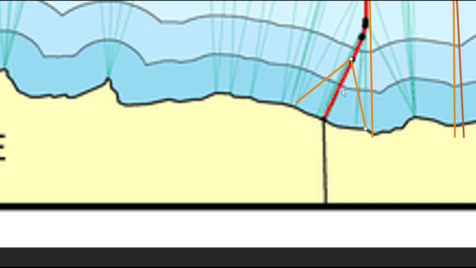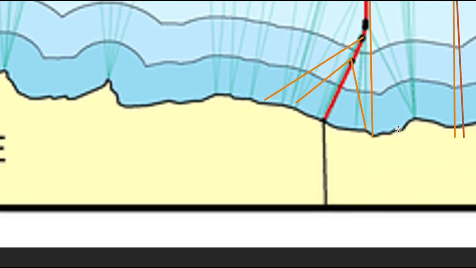So if these two are same in length, then a point is drawn, right? Again, let's draw another point from here and from here. So if these two are same, this is the shortest distance to this point from this point.